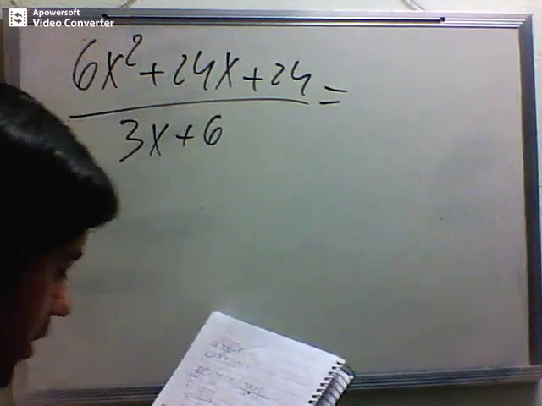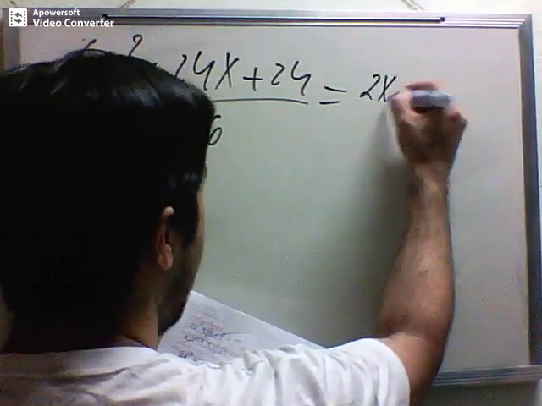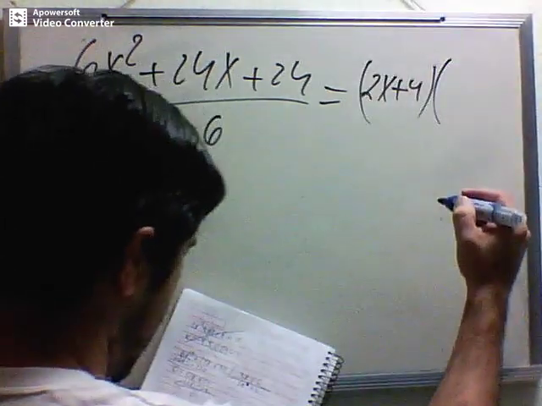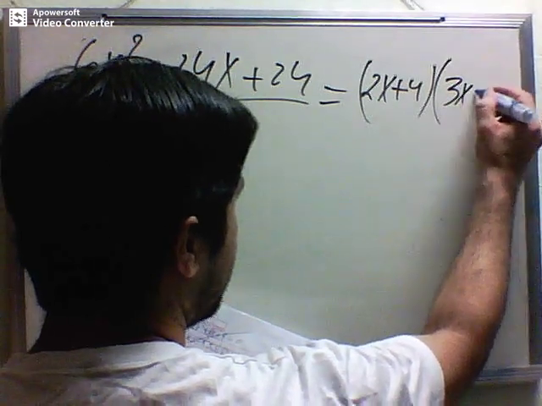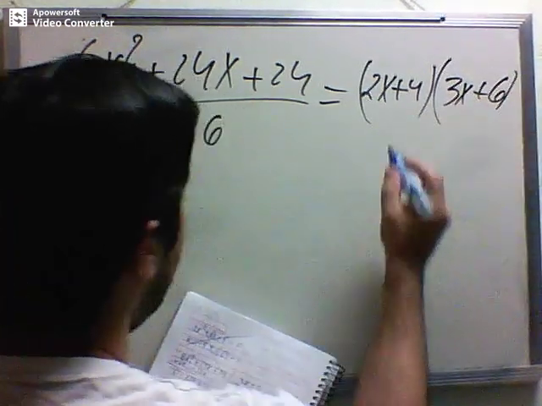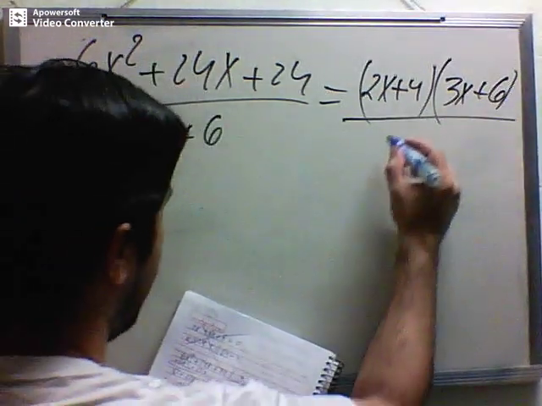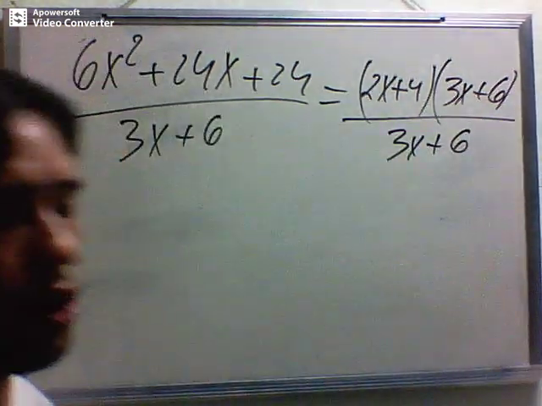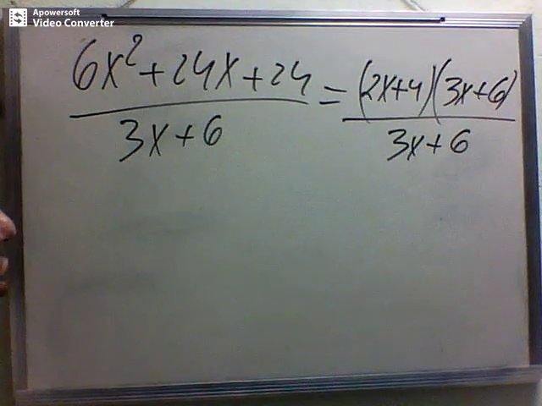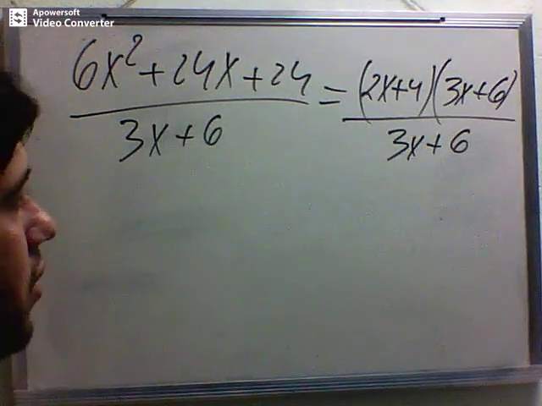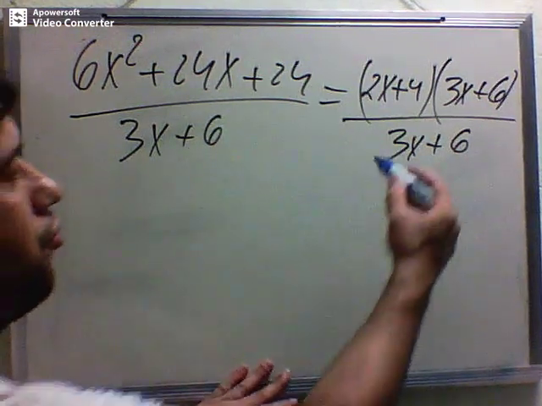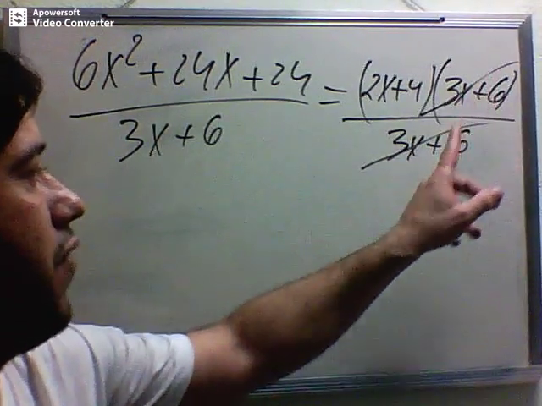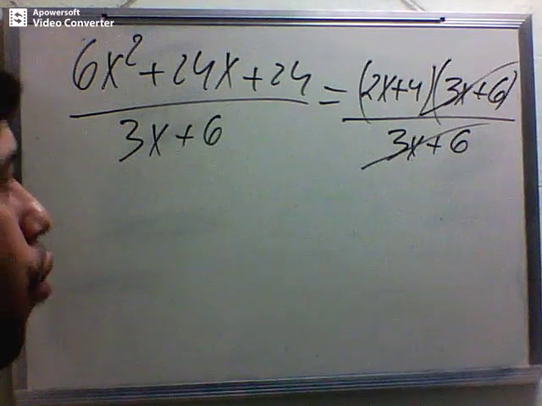And we found that it is 2x plus 4 times 3x plus 6, which is going to be divided by 3x plus 6, okay? So now to finish and to solve the problem completely, what we need to do is to cancel out this, because this divided by this is simply 1.